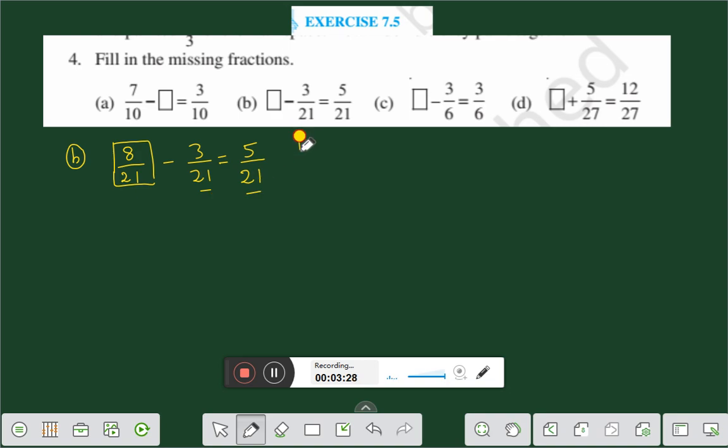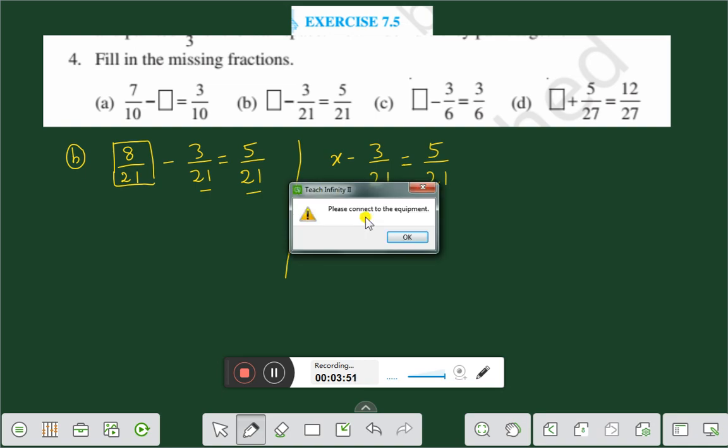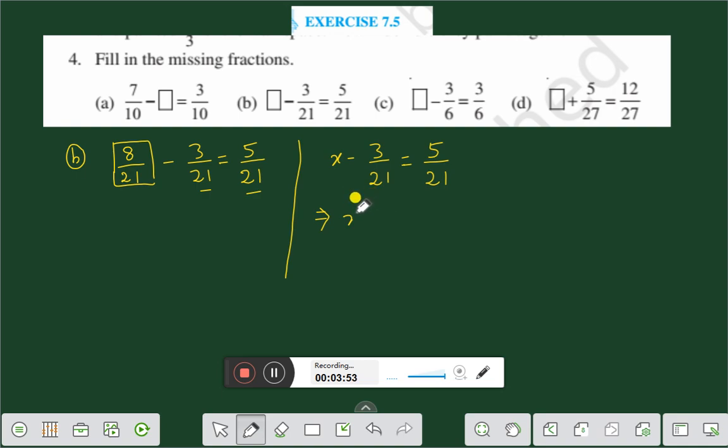Or in the second method, you can take x: suppose x minus 3 by 21 is equal to 5 by 21. Right? That means this is an equation. We find the value of x, which is equal to 5 by 21.